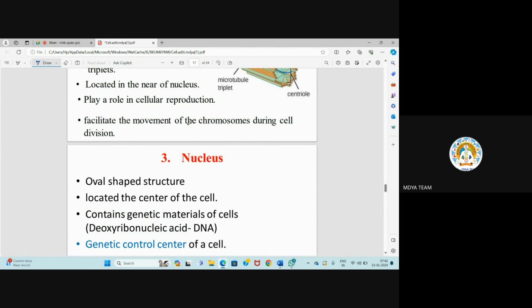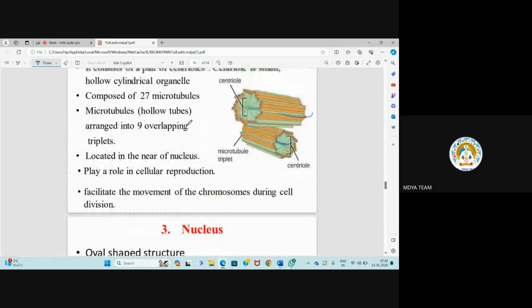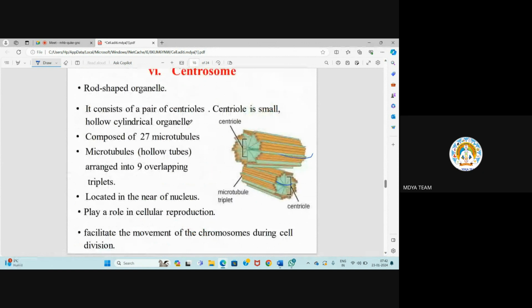Ji, how does a centrosome help in division? Okay. I have told you that centrosomes are like the skeleton of the cell, right?